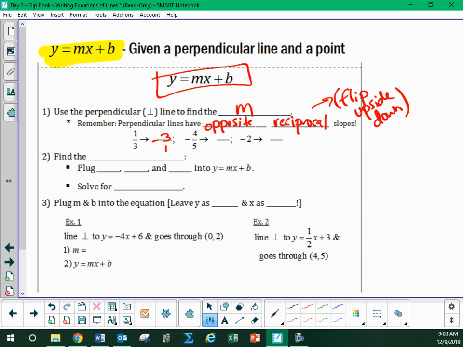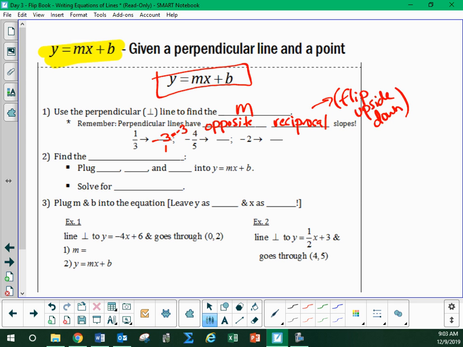So negative 3/1. What does negative 3/1 give us? Negative 3. Thank you. So when you find the perpendicular, whether it's negative or positive, you make it opposite, then flip it. So opposite, flip.